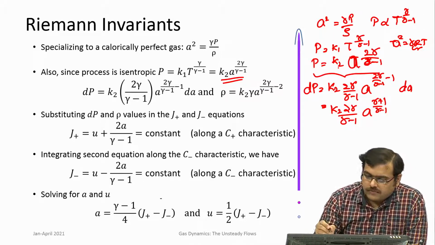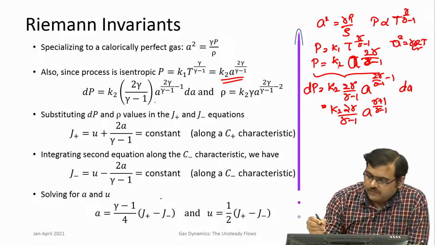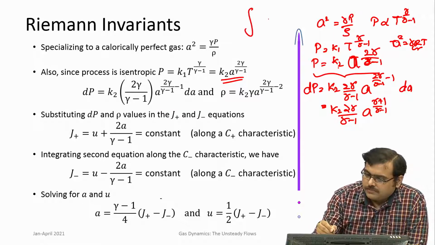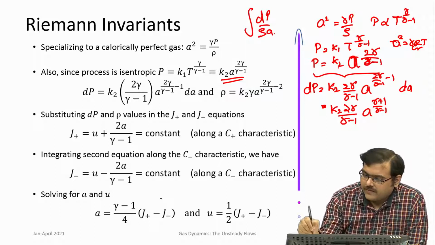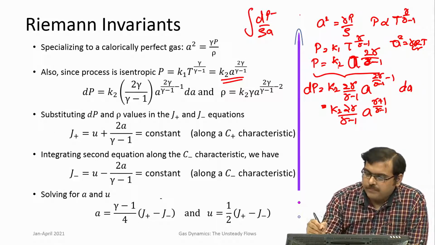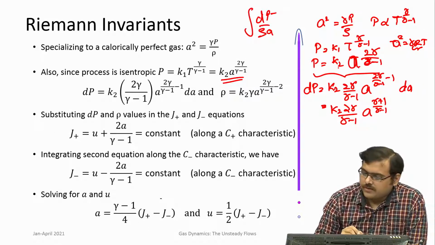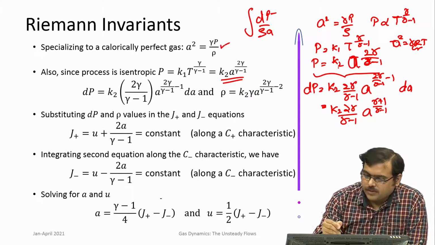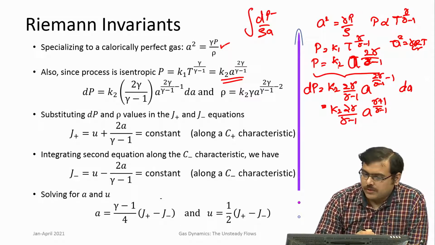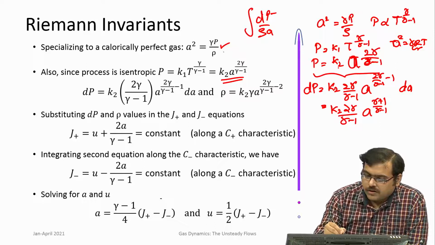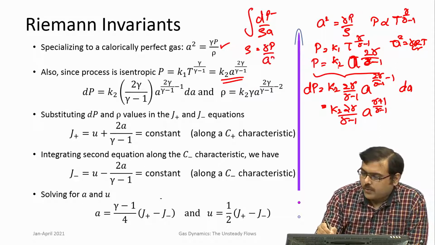And we have to do the integral dp by rho a. Now we have expressed p in terms of a. Now can we express rho in terms of a? We can use this equation, a squared is equal to gamma p by rho, or rho is gamma p by a squared.